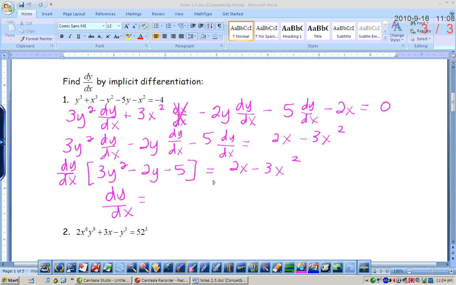All right. So then the last step would be to divide by this bracket right here. So we would have 2x minus 3x squared all over 3y squared minus 2y minus 5. And you're done.